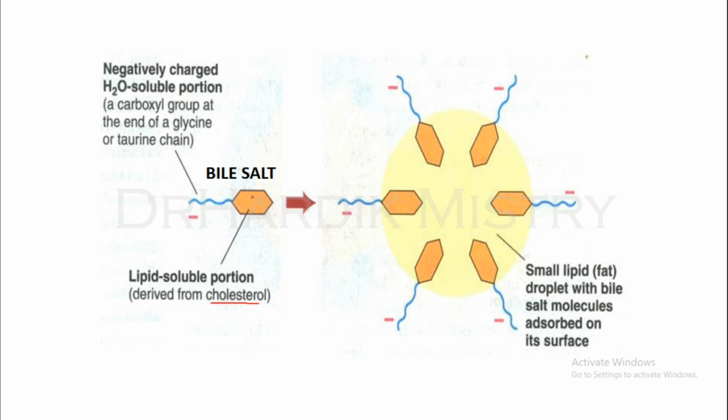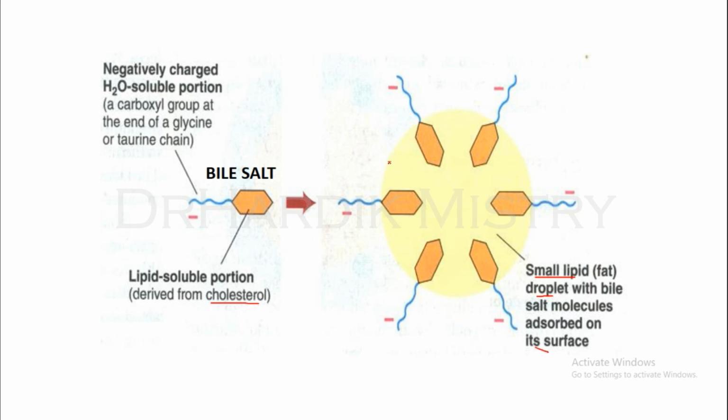Now this lipid soluble portion of the bile salt comes in contact with the small lipid fat droplets, so that they form a structure like this. So small lipid fat droplets with bile salt molecules adsorbed on their surface.